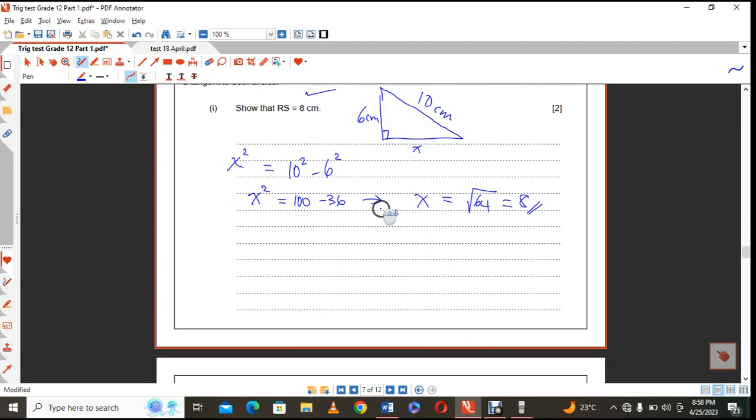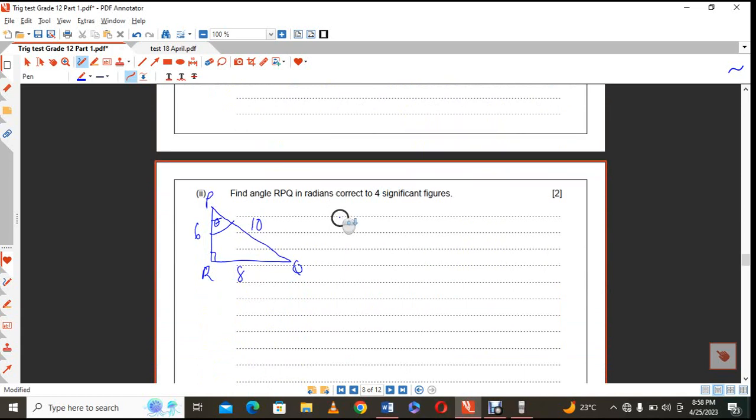So you can actually now use any of your trig ratios, because if you are given three sides of a right angle triangle, you can use any of the trig ratios. But remember, this is in radians, so your calculator needs to be in radians. So I'm going to use sine theta equals opposite, in this case it's 8 over 10, or anything equivalent to that.